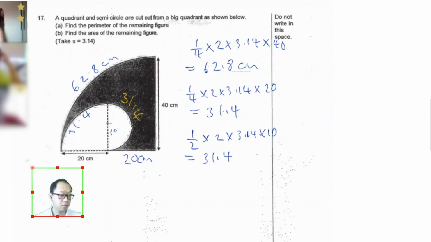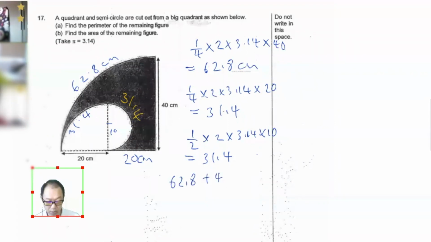Okay, so if you add all the parts together, you get 185.6. Final answer. Wait, 62.8 plus 40 plus 20 plus 31.4.